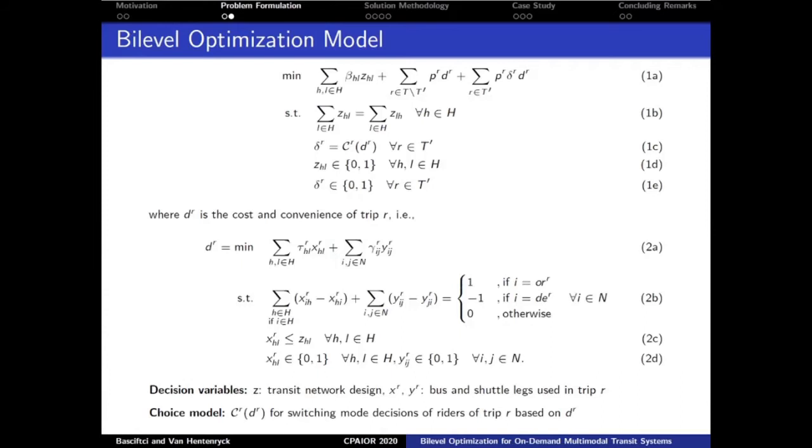Here, we have two sets of decision variables, x and y, corresponding to the bus and shuttle legs used in that trip. So our next question becomes how we can solve this bilevel optimization problem. To do that, we propose a decomposition algorithm.